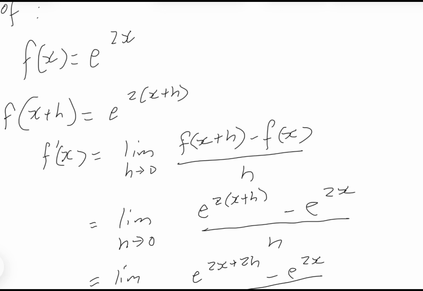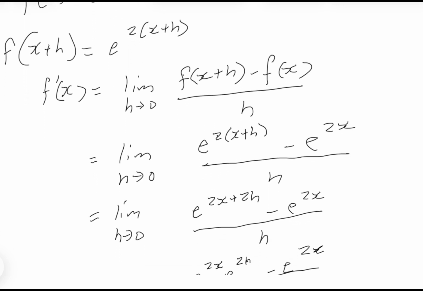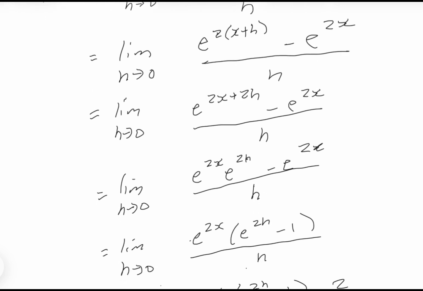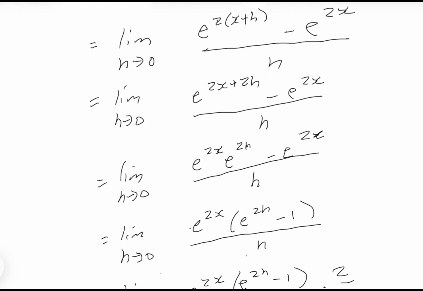So f of x plus h is equal to e raised to the 2, bracket x plus h. Now our formula: f prime of x is equal to the limit as h approaches 0 of f of x plus h minus f of x over h. That's equal to the limit as h approaches 0 of e to the 2 bracket x plus h minus e to the 2x all over h.